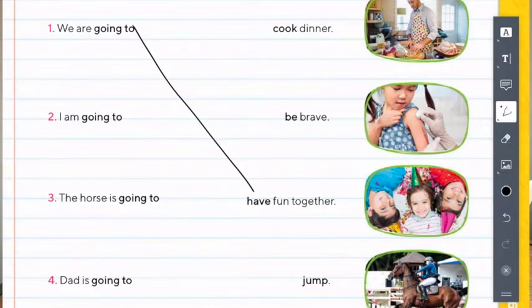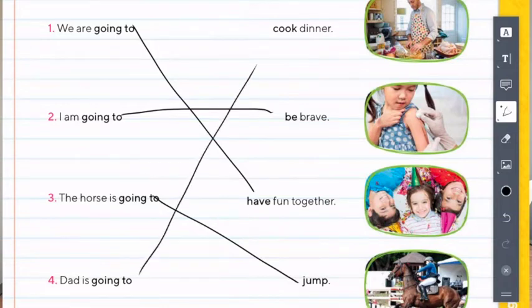Number 2, I am going to be brave. Exactly. The horse is going to jump. Obviously, the horse. Dad is going to cook dinner. Perfect. Do you see? We finished the first page.